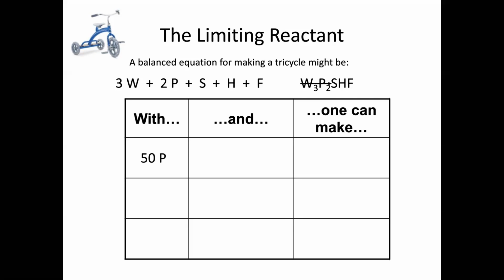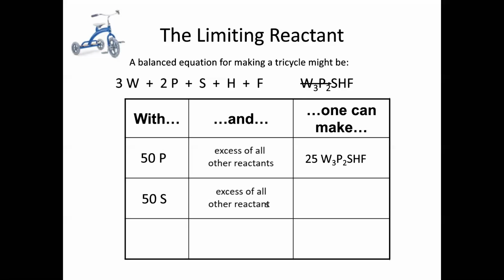If I've got 50 pedals, then how many tricycles can I make? 25. Yeah, 25. So this is starting to get easy, right? 50 seats, it's going to make 50.